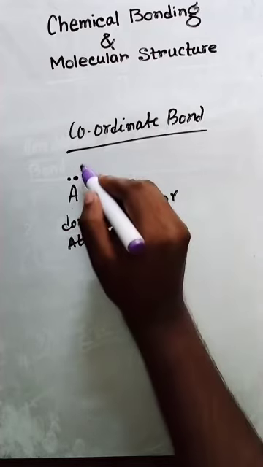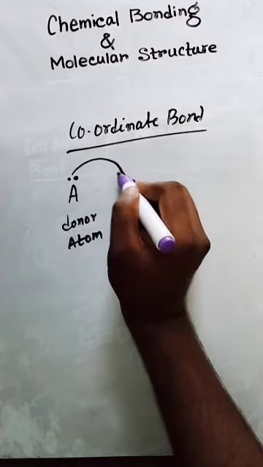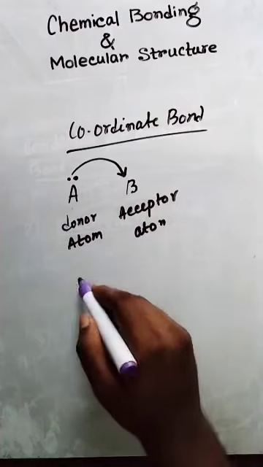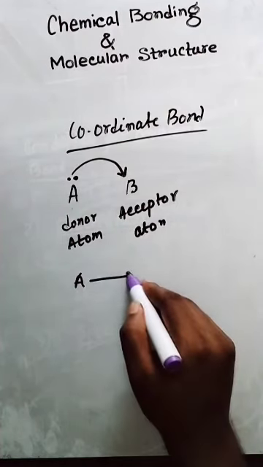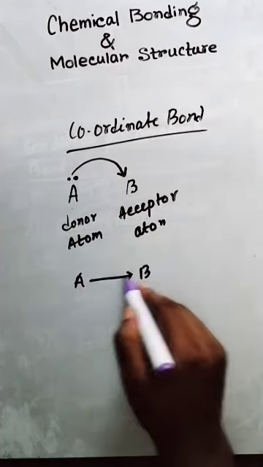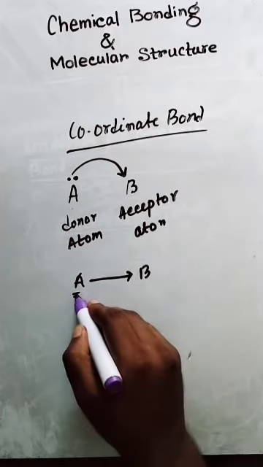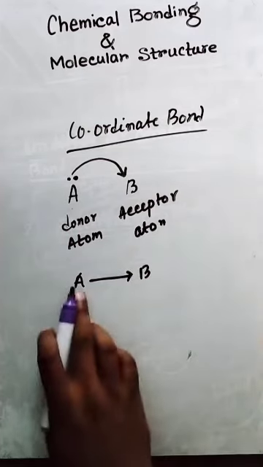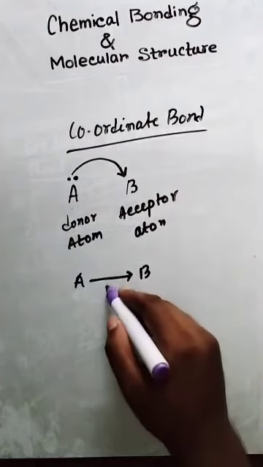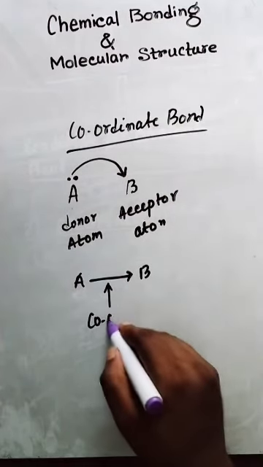And if atom A donates its electrons to atom B, then they produce a bond just like this. Here this arrow means atom A donates electrons to atom B. This type of bond is known as coordinate bond.